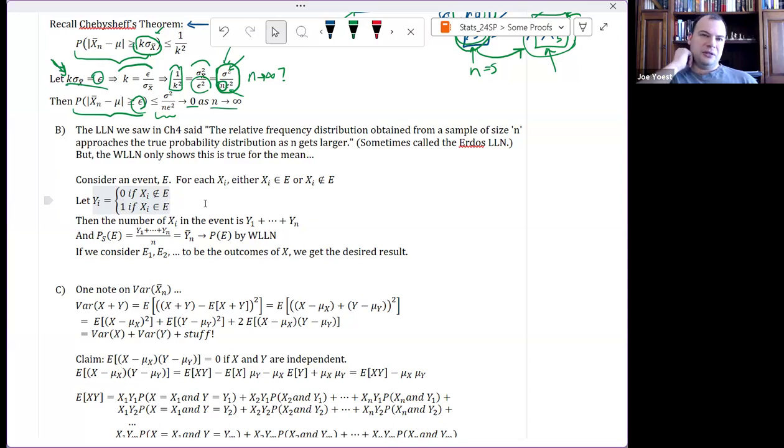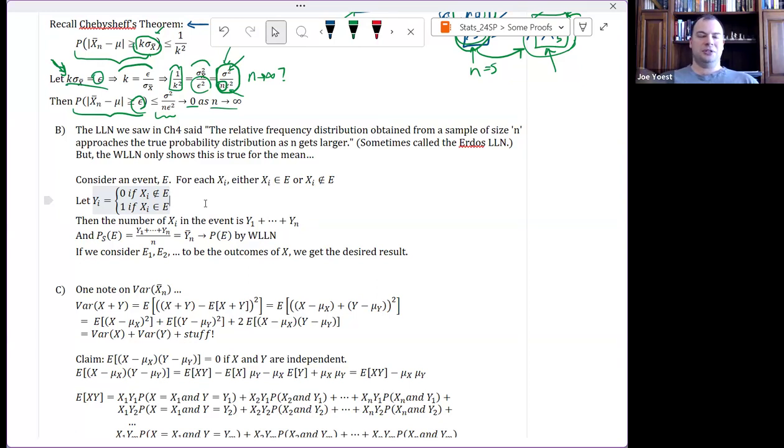So, the x's might be heights of people in Pittsburgh. We have 1 million people in Pittsburgh, let's say, and we're going to take a sample of size 10, and I'm setting up the event that a person is over 6 feet tall. So I take my first draw from the population, I get x1.